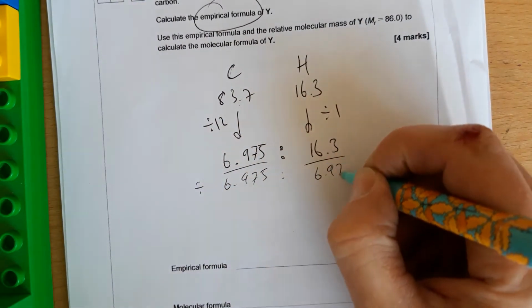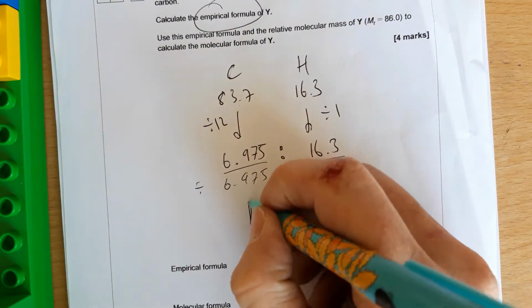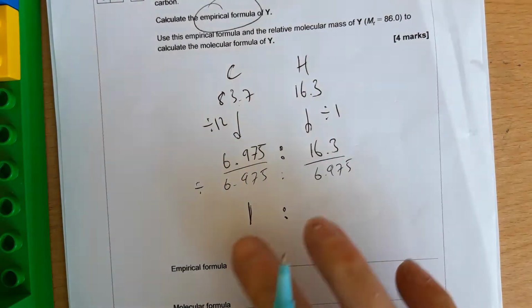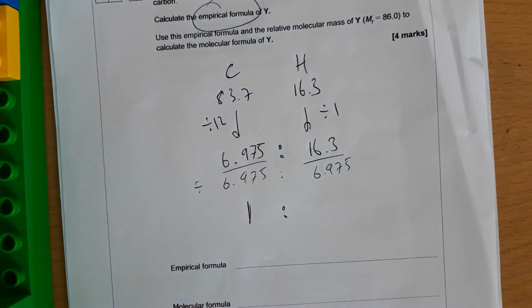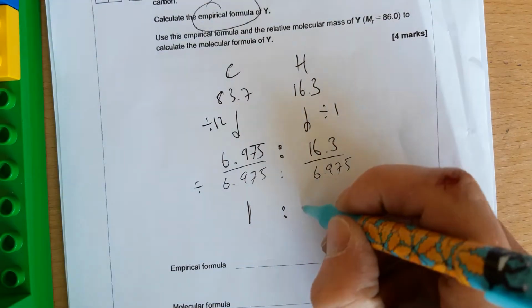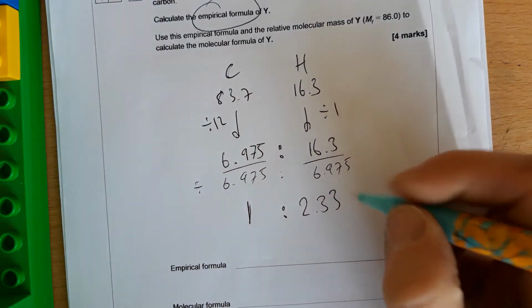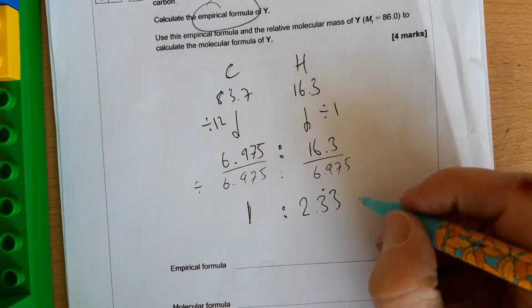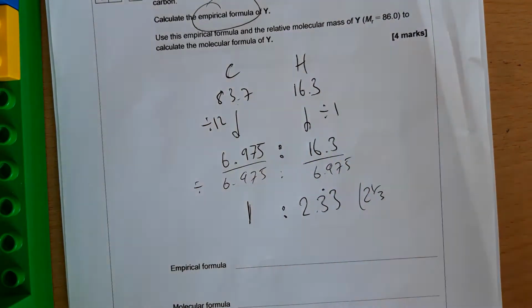Now what you hope for here is a lovely little ratio to pop out. It doesn't look like it will here. So I'm just going to type in 16.3 divided by 6.975. And I've got 2.33. But 2.33 is basically 2 and a third.